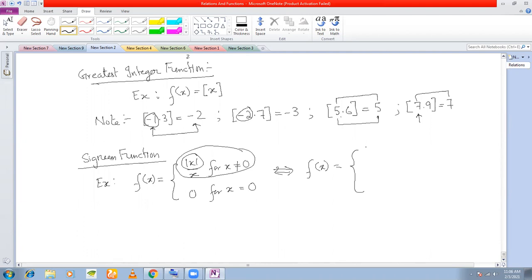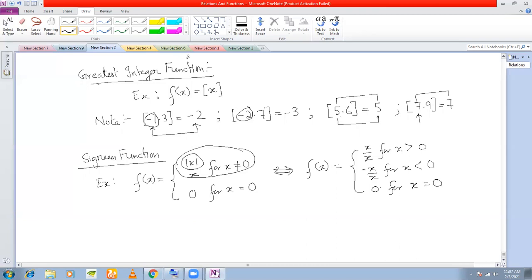That is, you can write this as f(x) is equal to x by x for x greater than or equal to 0, that is the definition of modulus, and equal to minus x by x for x less than 0. But here we will not take the equality sign because we already have a value for 0, which is equal to 0 for x equal to 0.